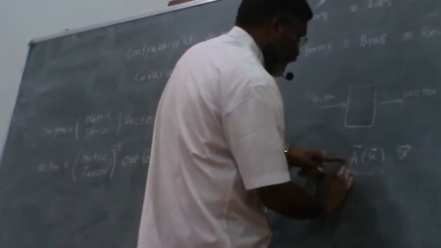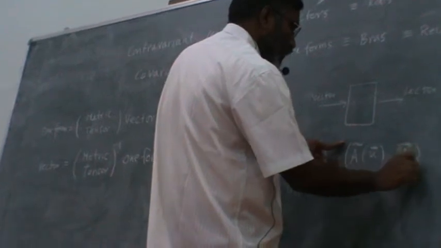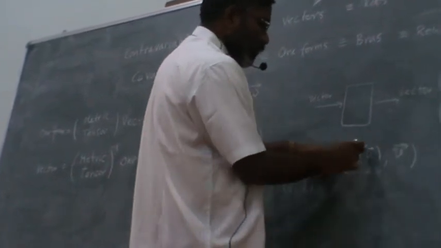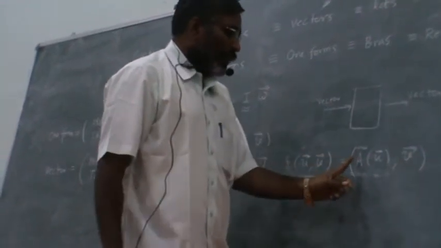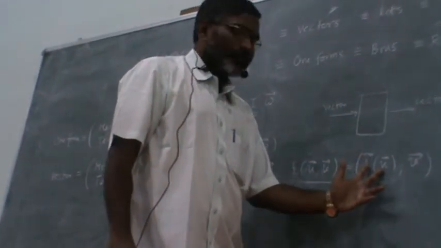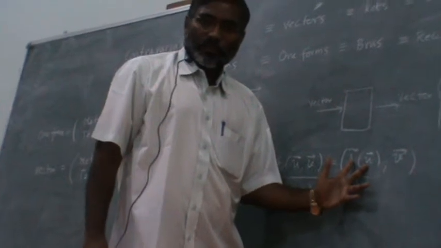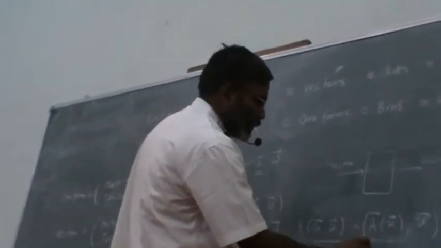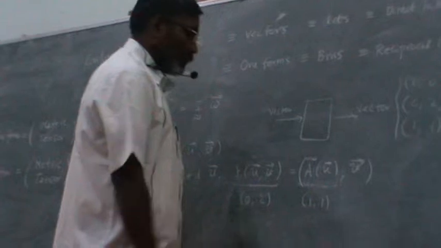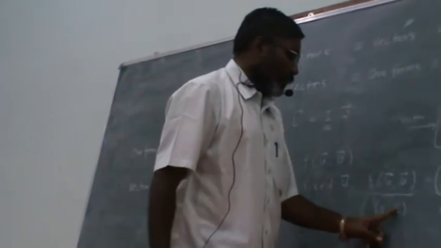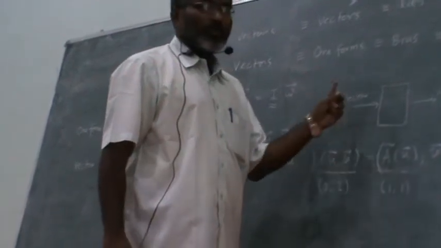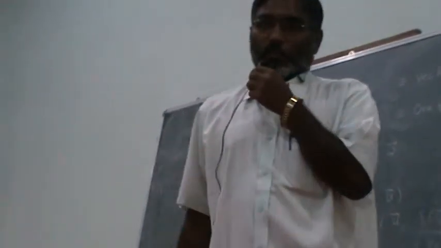So maybe I should simply write it as comma v. This should be a scalar, so this should be a one form. That means I have one form and one vector in this case. So this is (1,1) type. So a (0,2) type can be written as a (1,1) type by using the fundamental theorem.